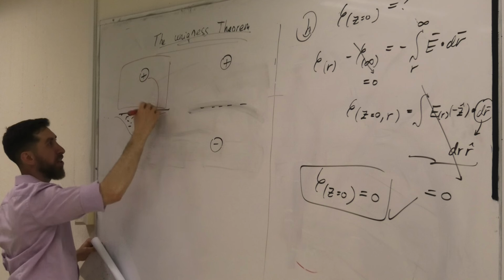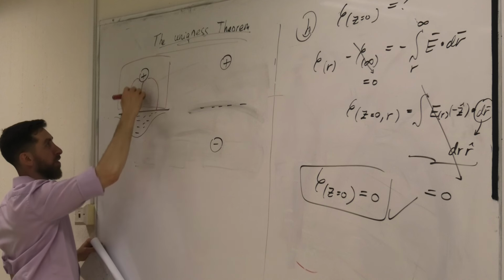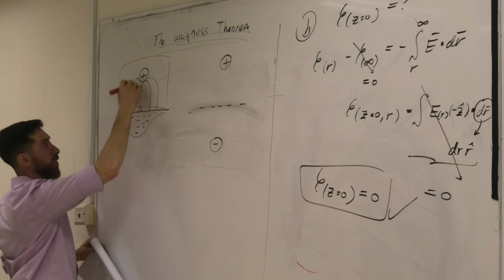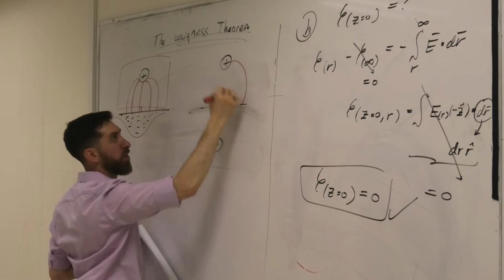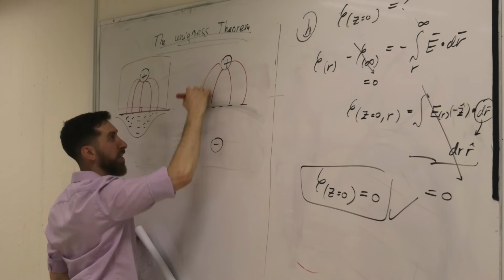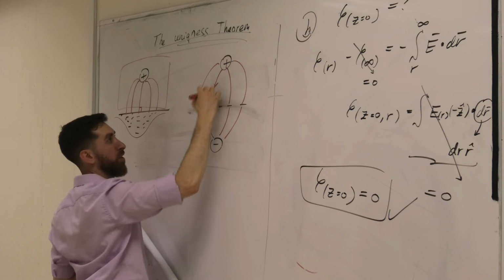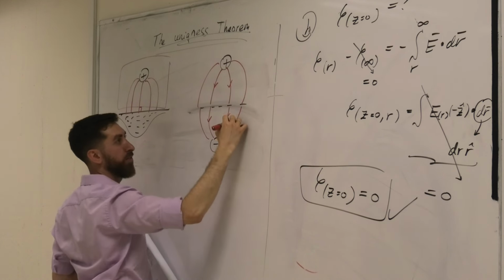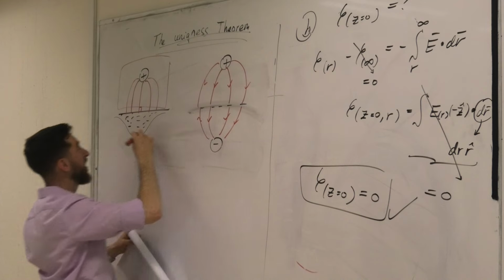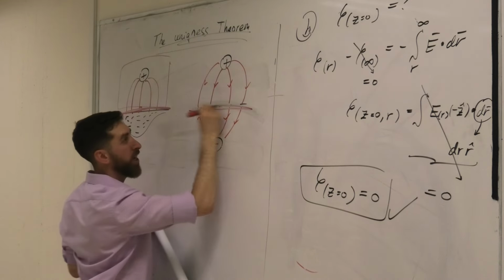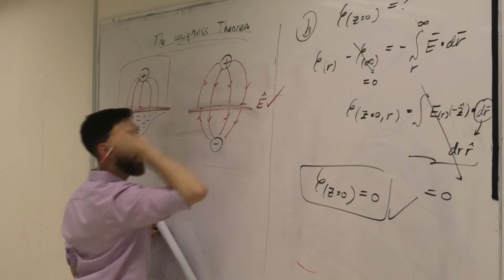The field orientation is in that direction for the particle. You see, 90 degrees. Also here, the field is like this, and from here, it's like this, going that way. So at this line, the electric field direction is the same.